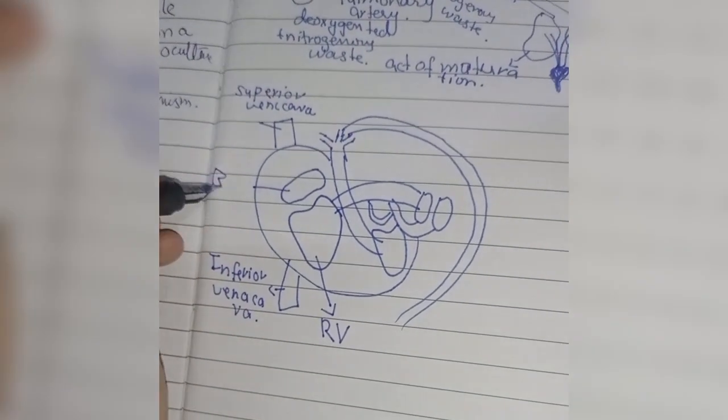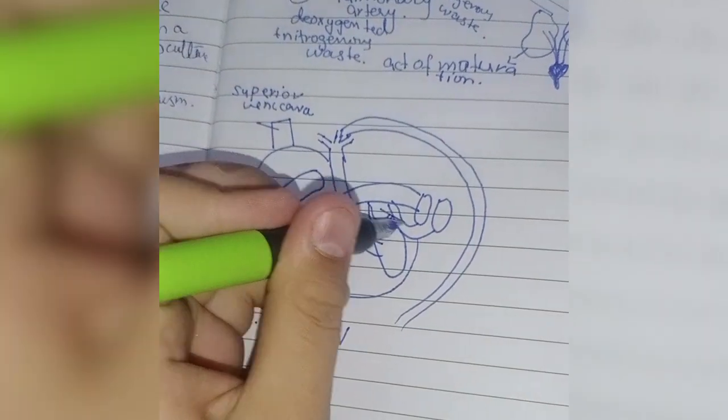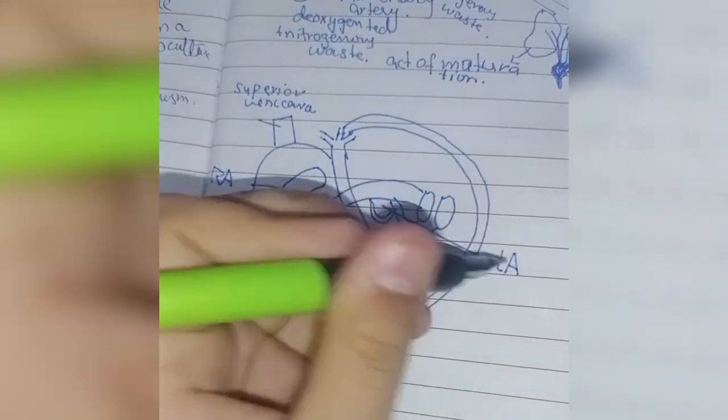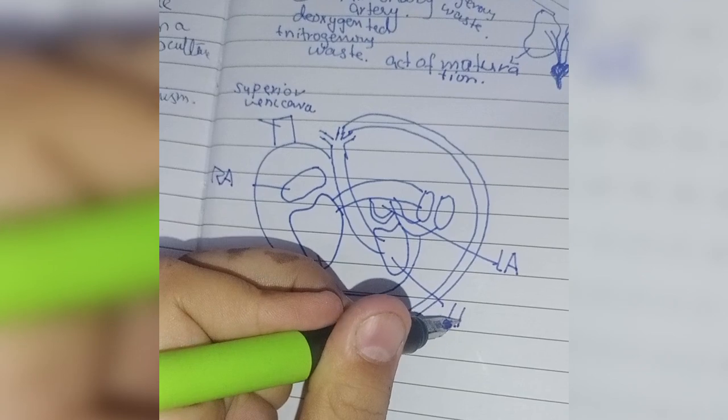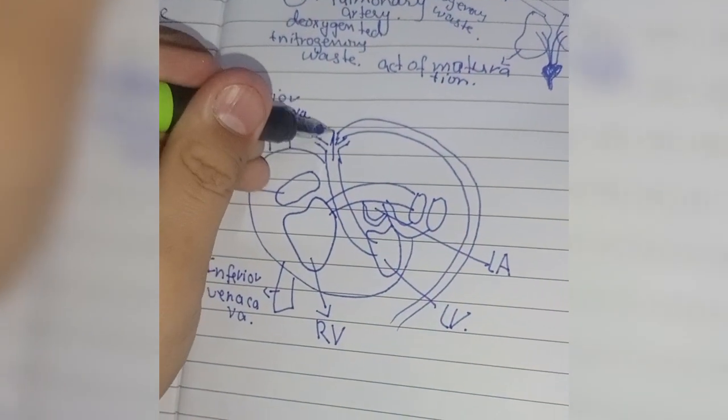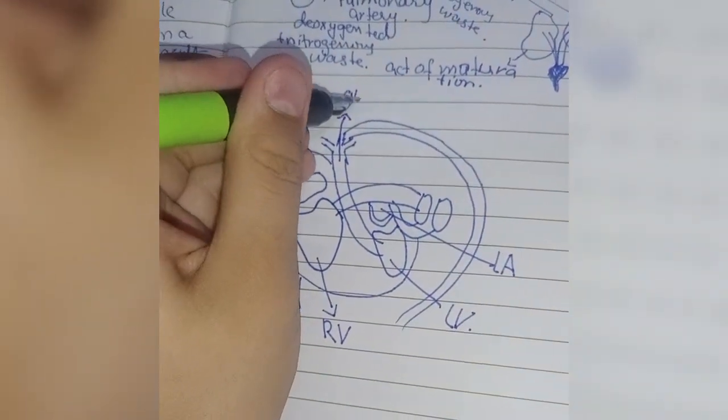This is the right atrium. This is the left atrium, left ventricle. Here this is the biggest artery, that is the aorta.